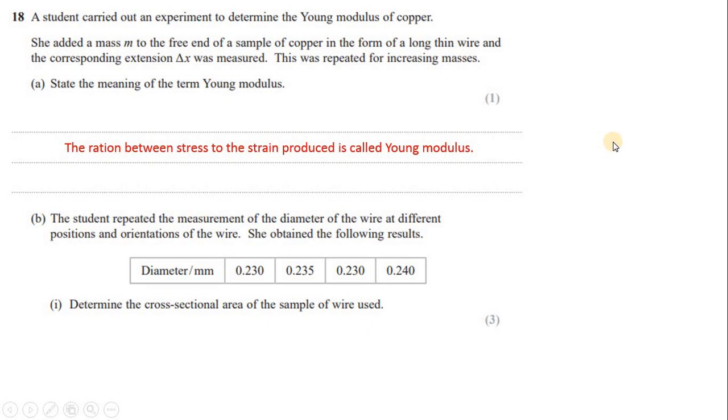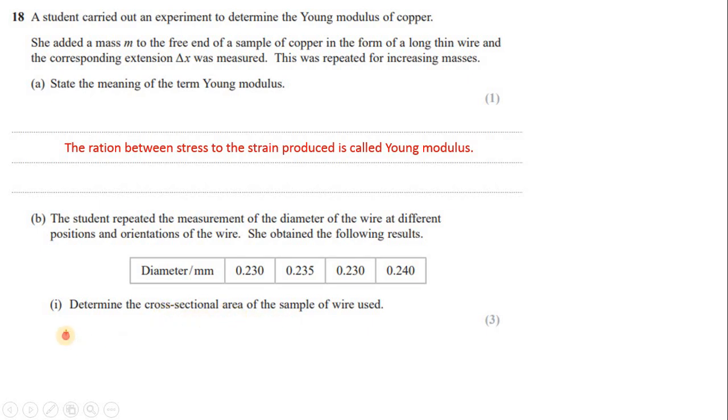Part B: the student repeated the measurement of the diameter of the wire at a different position and orientation of the wire, and she obtained the following results. The diameters are 0.23, 0.235, 0.30, 0.24. Determine the cross-sectional area of the sample of wire.